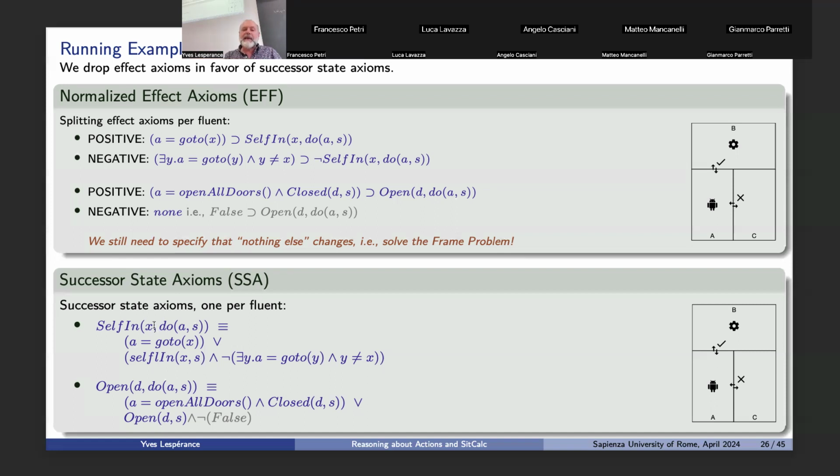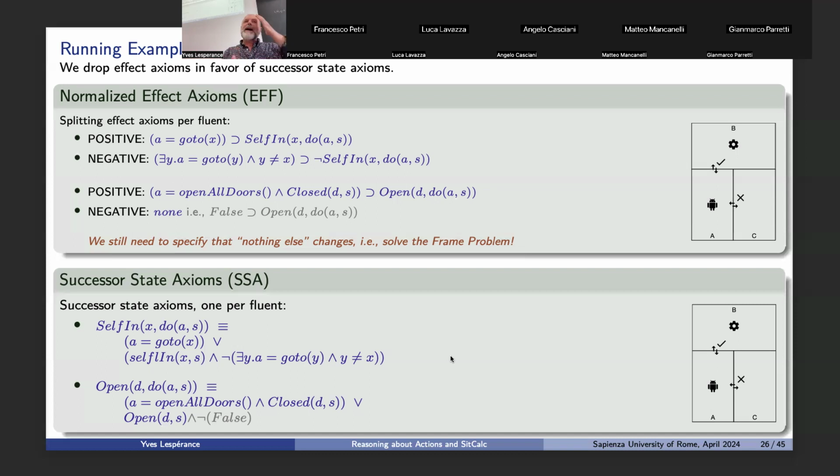If I do open all doors, A is not equal to go to, so self-in X in do(open all doors, S) holds if self-in X in S, and this will be satisfied. So it tells you implicitly that if you do an action that's irrelevant, the fluent doesn't change value.